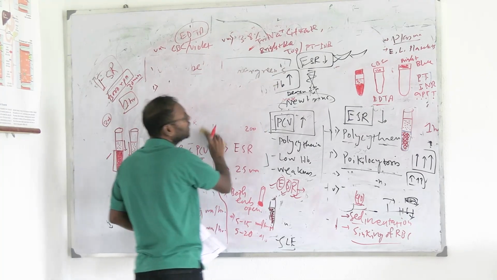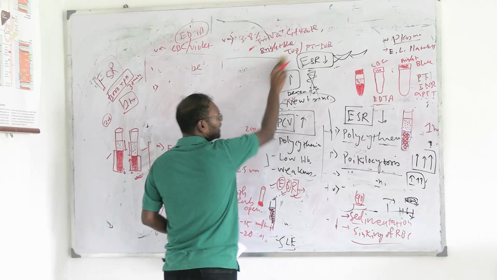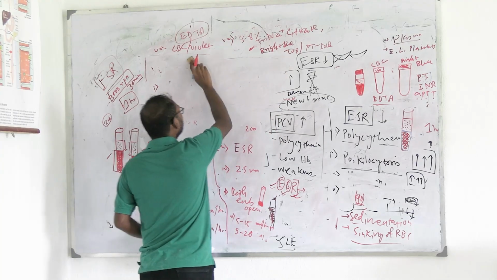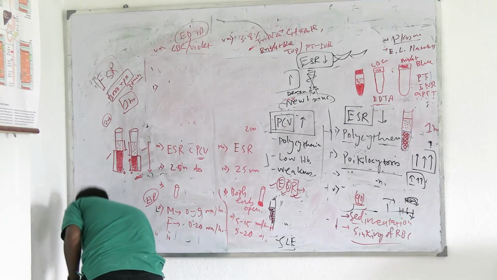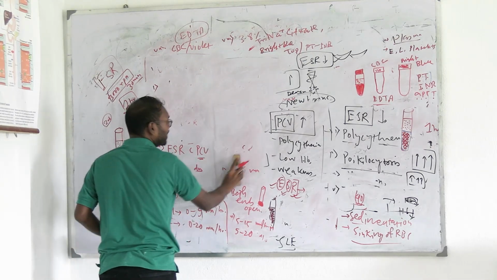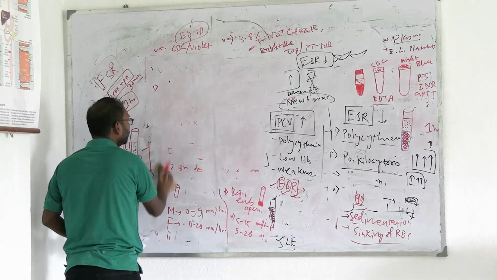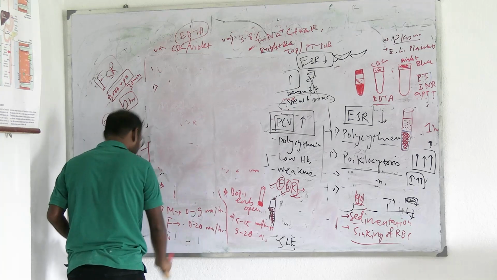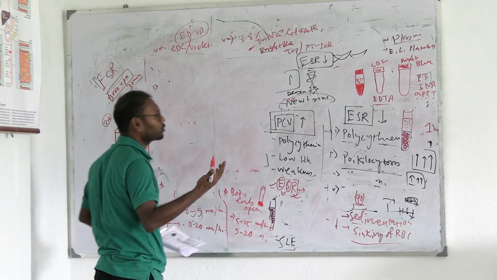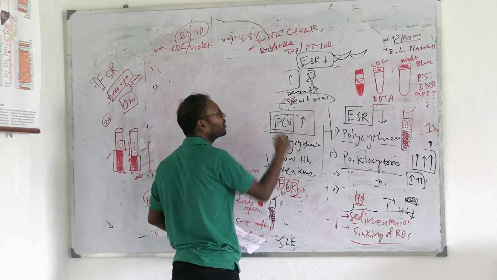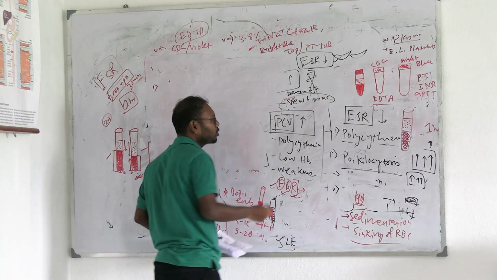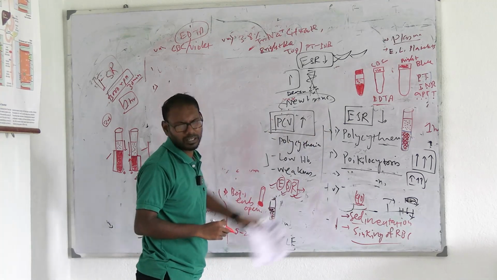Some factors will make them increase, some factors will be physiological. When the factor is removed, automatically the ESR will come back to normal. Some factors are pathological. So we'll first discuss those factors, then after that we will finish with conditions in which ESR is high, ESR is low, PCV is high, PCV is low, with a little bit of explanation along with it.